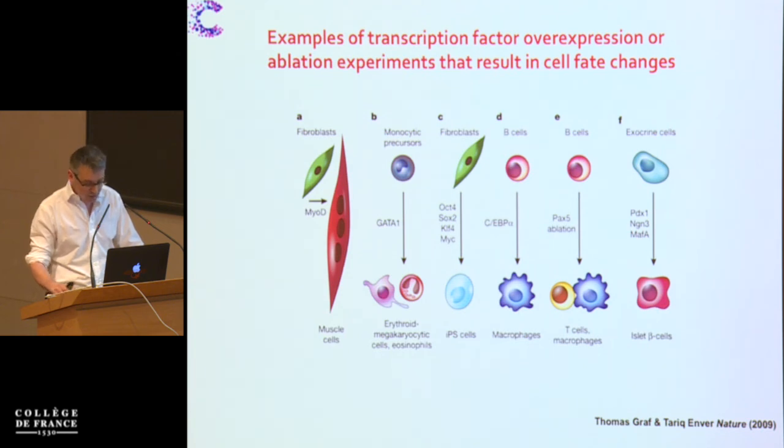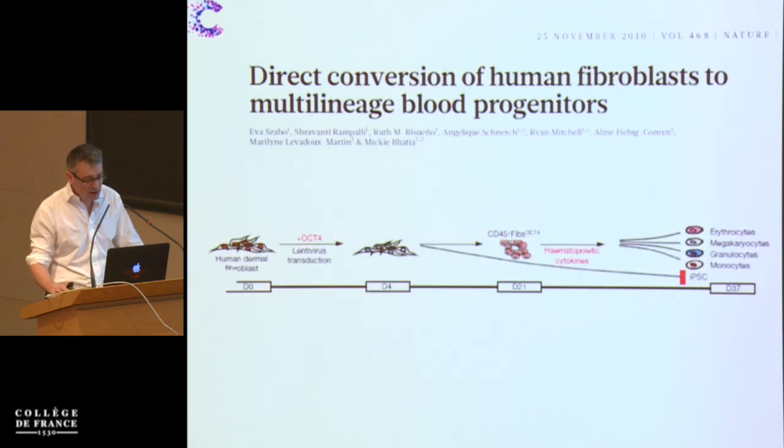So we wanted to do this. At the stage when we started, there was a publication which excited, I guess, a lot of people in the field, from Mickie Bhatia, which showed that if you express OCT4 in normal human fibroblasts and put these cells in the right conditions, you can get a lot of blood cells. So the idea was, can we use this? Can we understand how this works?